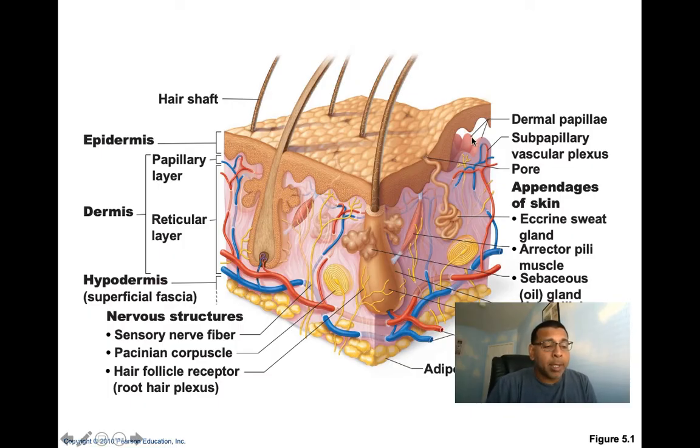Our dermal papillae are these peg-like projections. They contain capillary loops, the blood vessels. They also contain free nerve endings and touch receptors that are called tactile or Meissner's corpuscles.